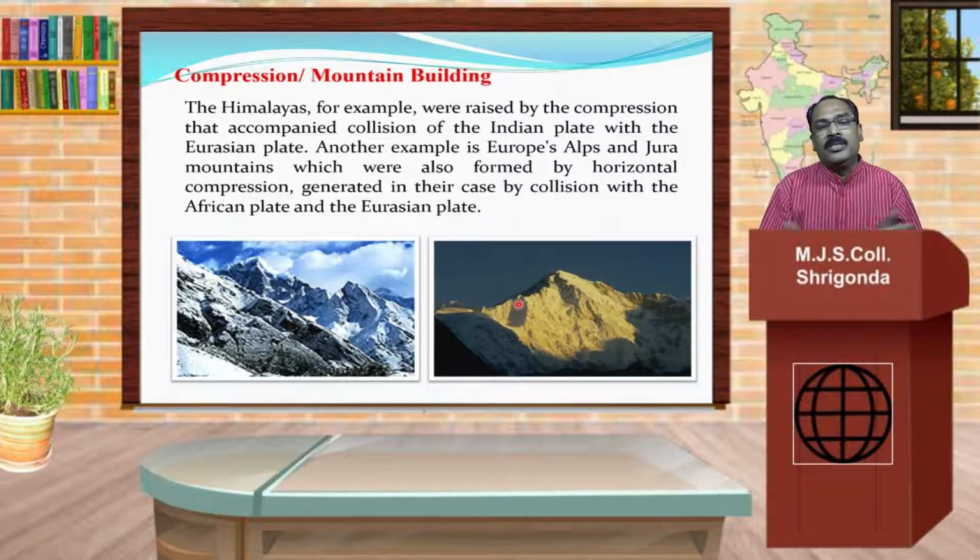Another example is the European Alps and Jura mountains, which are also formed by horizontal compression, generated in their case by collision of the African plate and the Eurasian plate.